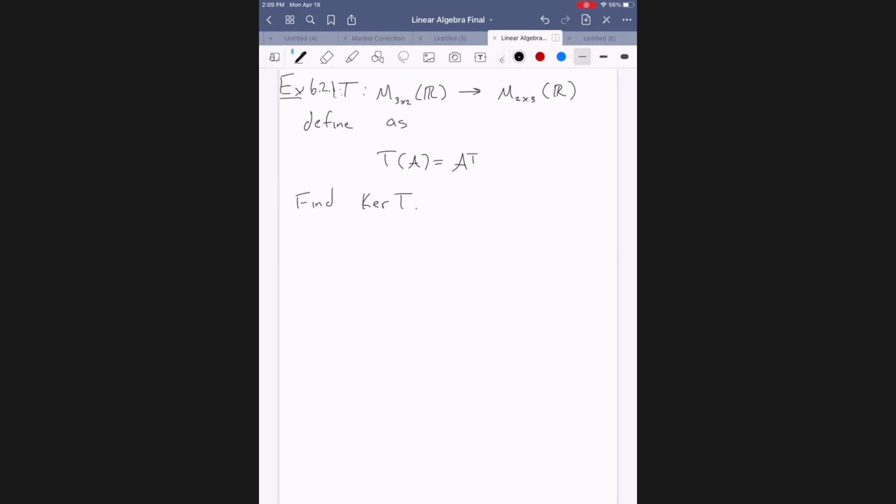Anyway, so solution, we need to find every matrix A. The transpose is where you take the matrix A and interchange the columns and rows.